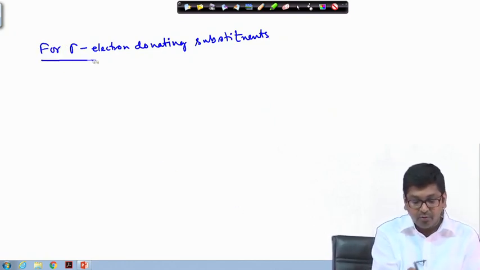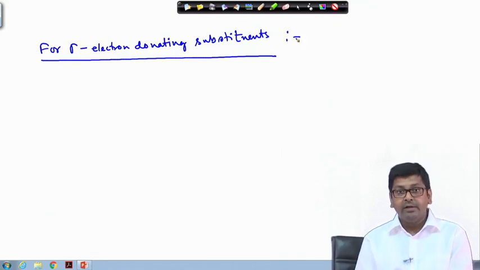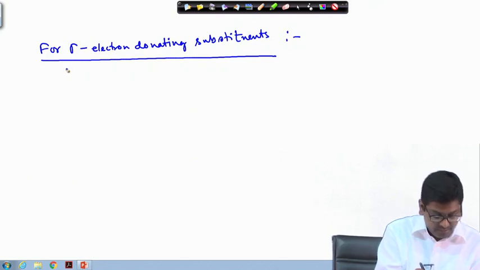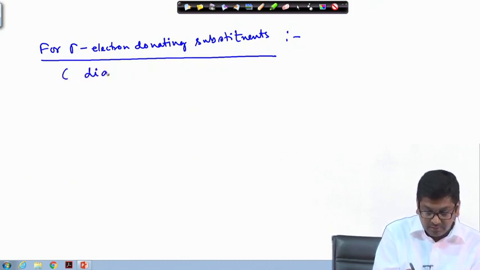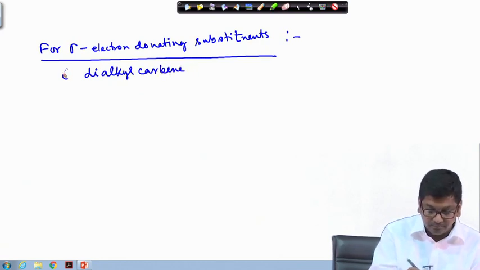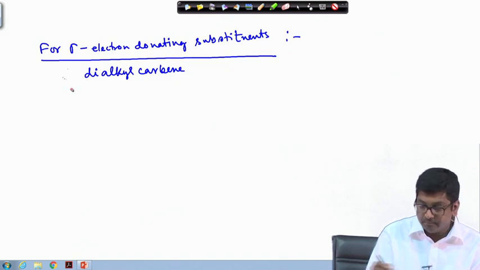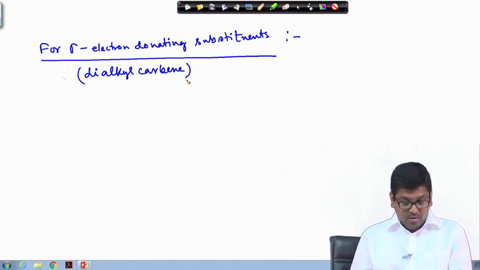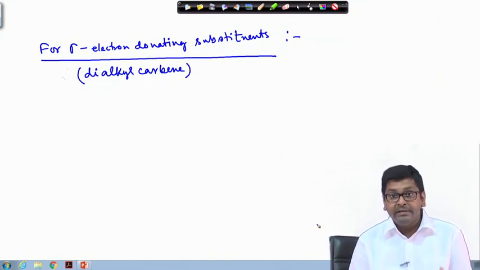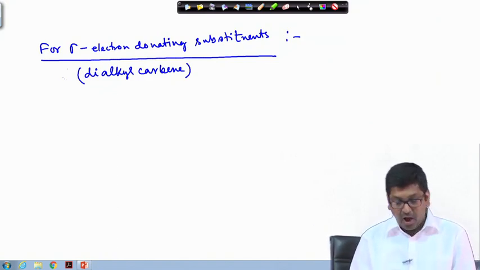As per example, dialkyl carbene. If sigma electron donating substituents are present in the carbene, how will it behave?